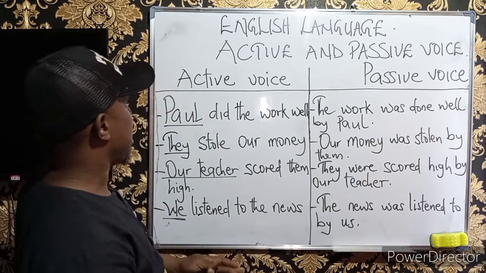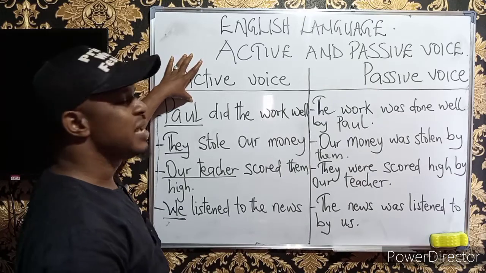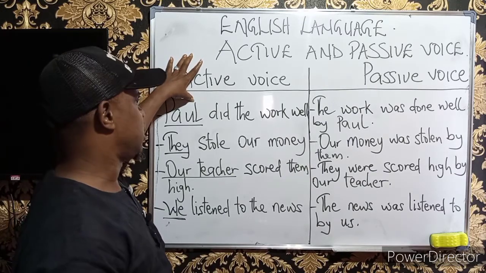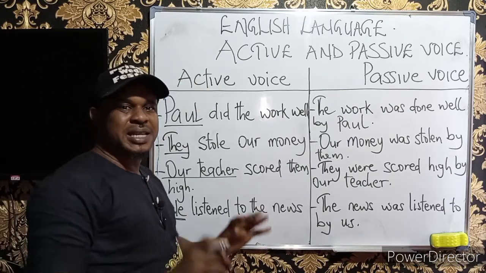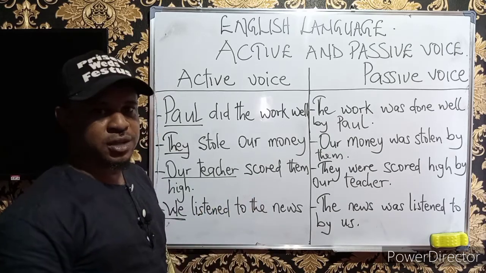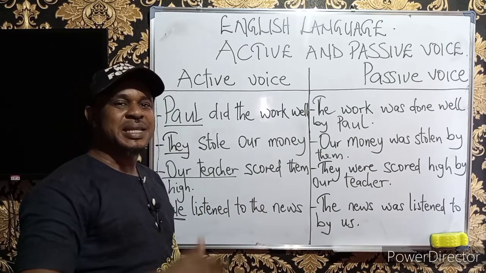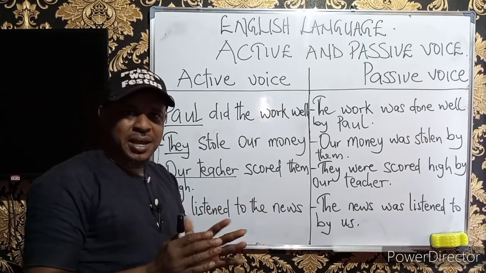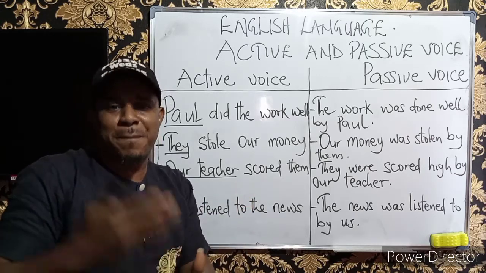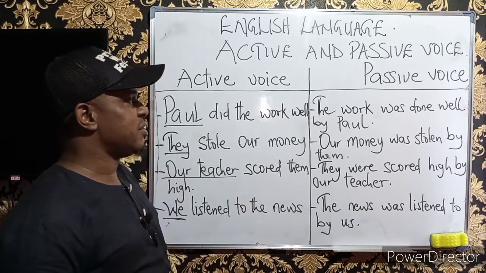So that is what we are talking about as far as active voice is concerned. When we say that a sentence is in active voice, it means that the subjects are performing actions in sentences.